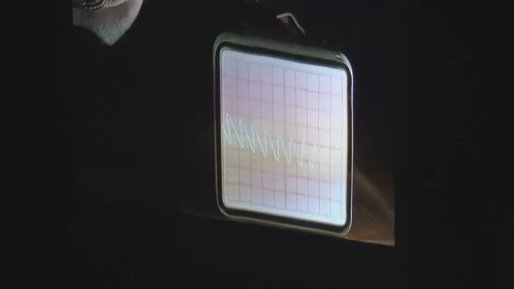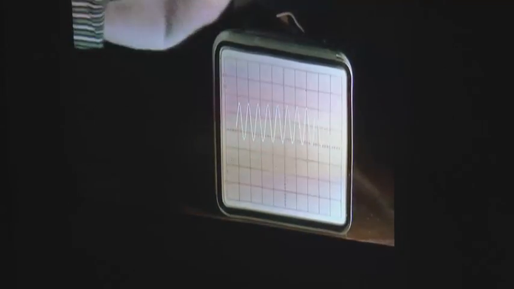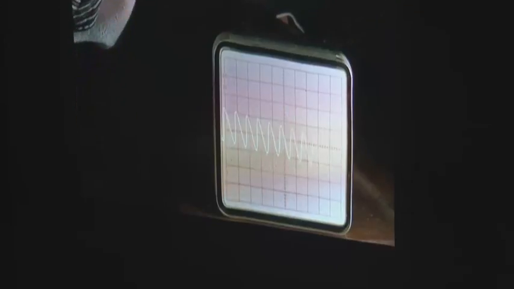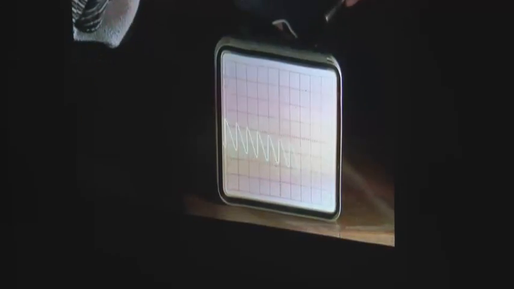Well, and now I apply a magnetic field on both sides of the cathode ray tube. So you'll see that I can get all kinds of pretty patterns, in fact. This trace can be deflected in all kinds of directions depending upon the direction of the magnetic field. So these electrons are indeed being deflected by magnetic fields.